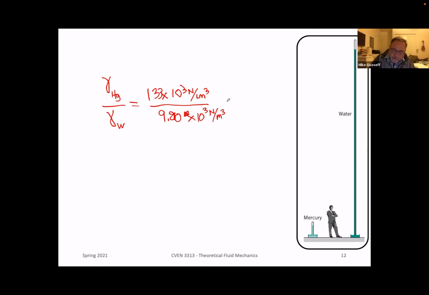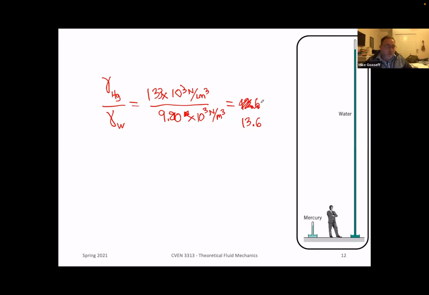That comes out to 13.6. It's supposed to be a decimal point. I need to write patiently. All right, so there we go.